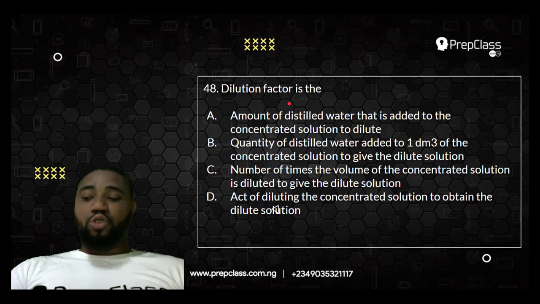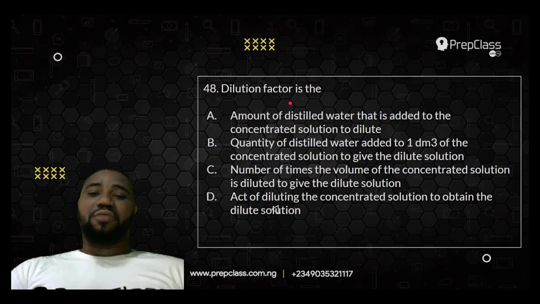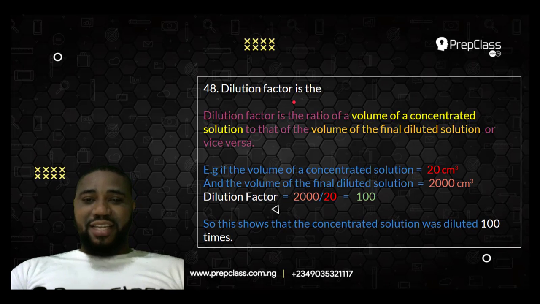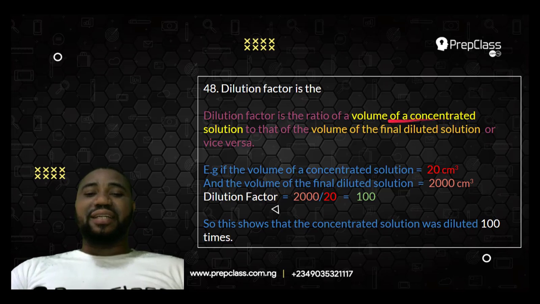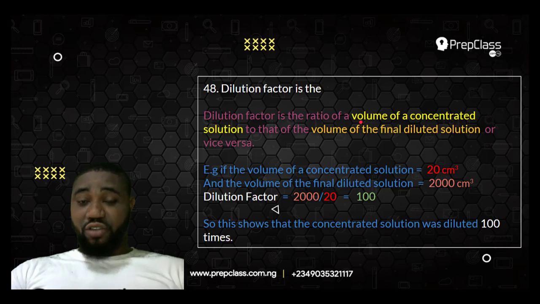But the first thing you need to do is to try to define dilution factor. Dilution factor is the ratio of the volume of a concentrated solution to that of the final dilute solution, or vice versa. So the ratio of the volume of the initial concentrated solution to that of the volume of the final dilute solution.